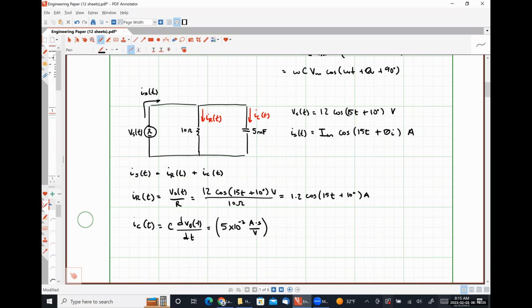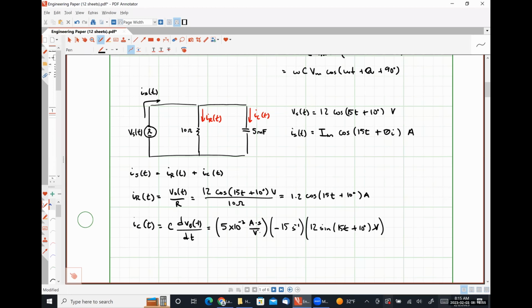When I take the derivative of a cosine function, the derivative of cosine omega t would be negative omega sine omega t. So I'm going to pull out a negative omega, so that's negative 15 per second. Then I'm going to have 12 sine 15t plus 10 degrees volts here.